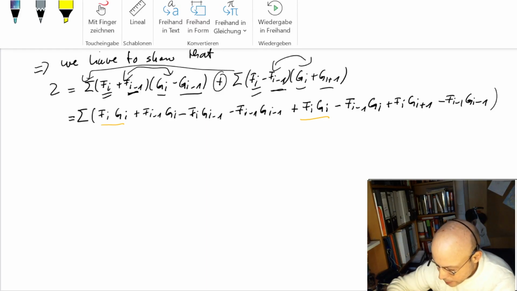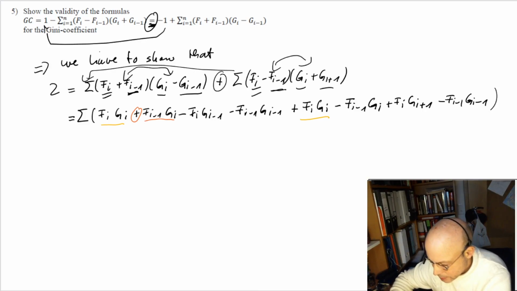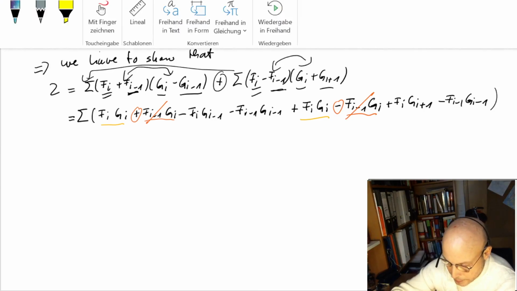What we see here is we have here a plus and here a minus of the same term, so this and this cancel. What else?